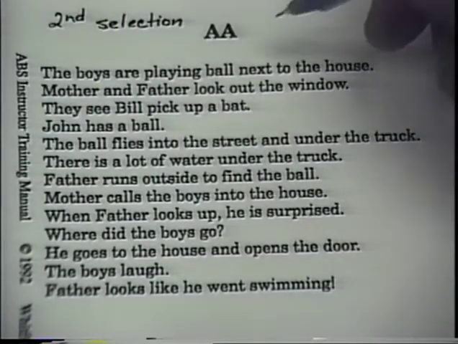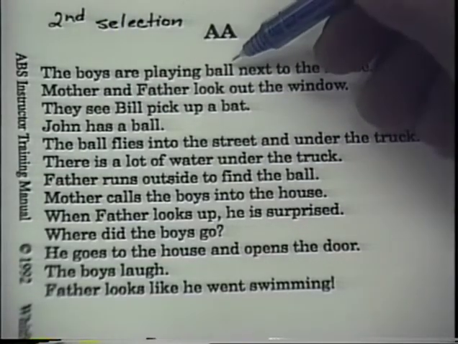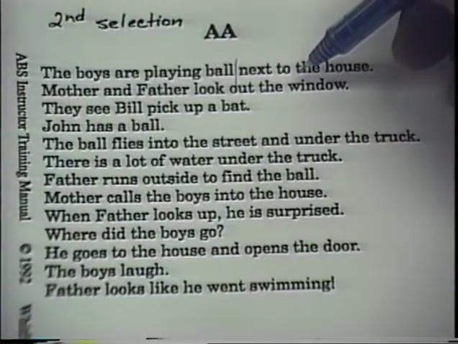The boys are playing ball next to the house. Mother and father look out the window. They see Bill pick up a bat.